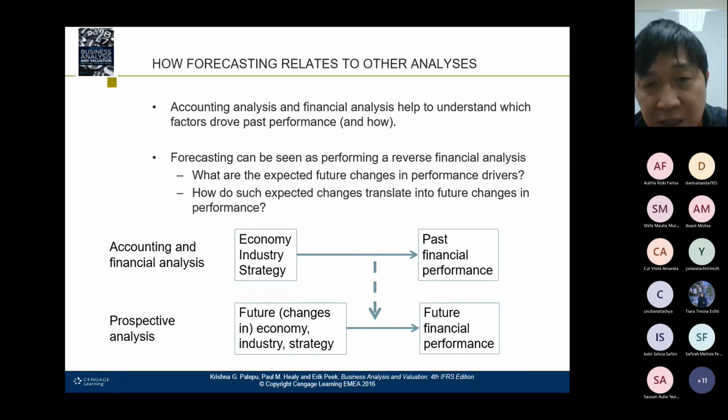How do such expected changes translate into future changes in performance? Economy, industry, strategy, accounting. Okay, the past financial performance, the future financial performance, future economy, industry.